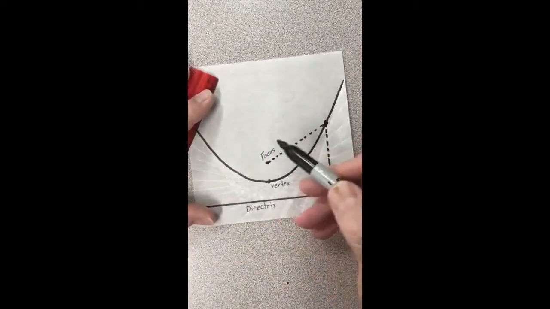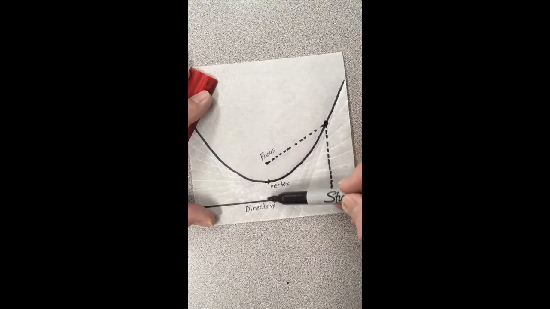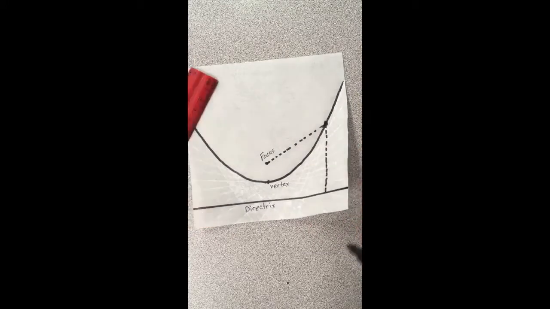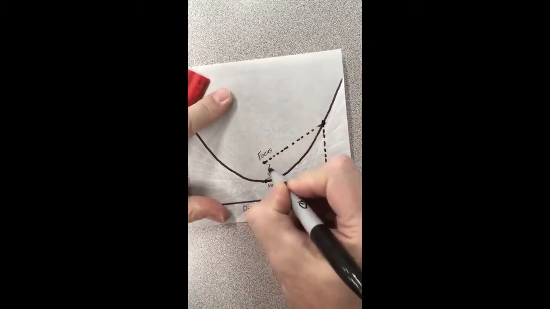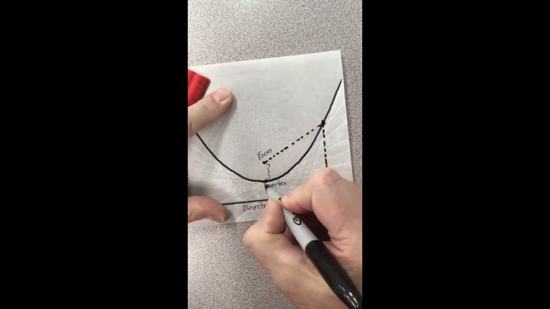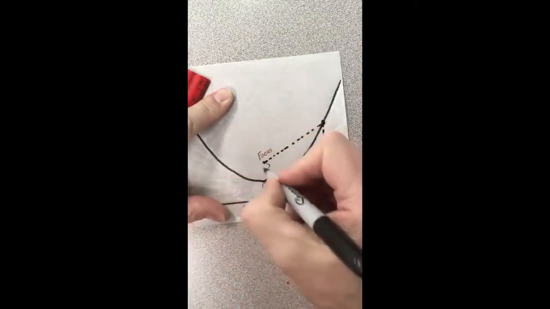All right. Now, remember one of the things that we showed earlier at the very beginning was that very first crease, when we folded it over, this first crease was halfway between that focus and your directrix, which means the distance from the focus to this vertex right here is equal to the distance from the vertex to the directrix.